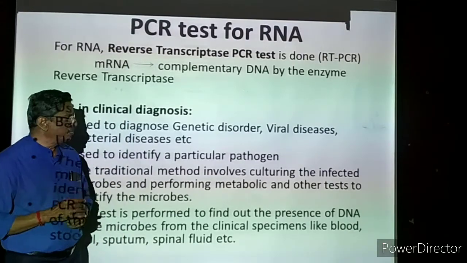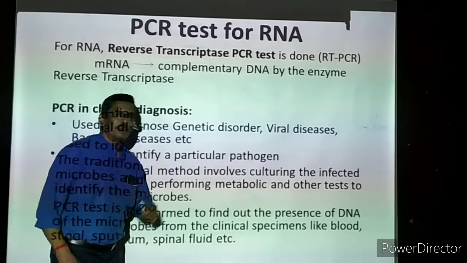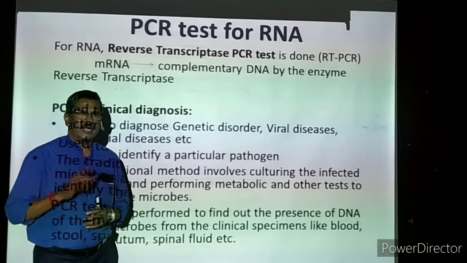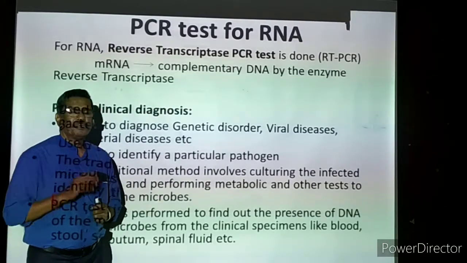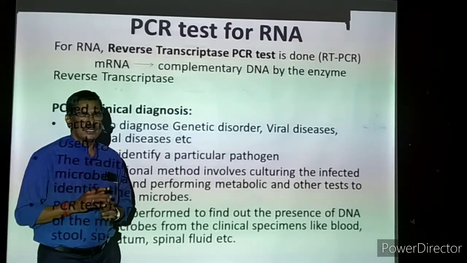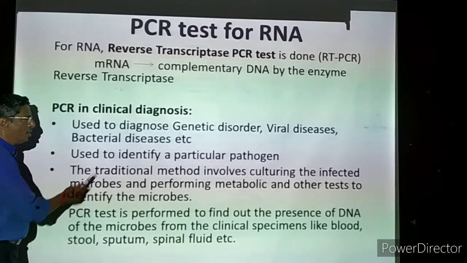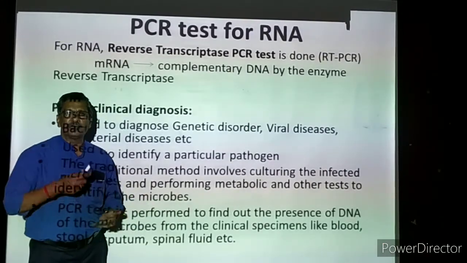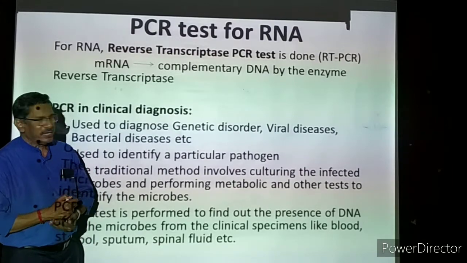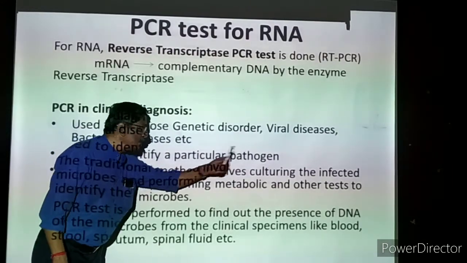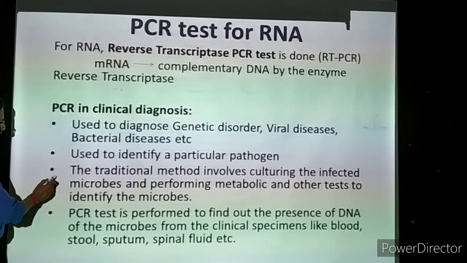First the infection, and after that, what exactly the pathogen is, whether it is influenza virus, HIV or polio virus, anything they can identify. Even the coronavirus is a particular pathogen they can identify.